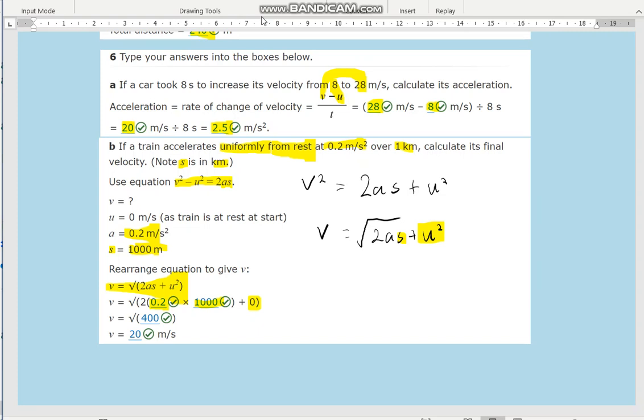So v is therefore the square root of 2 times 0.2 times 1,000 plus 0. So 2 times 0.2 times 1,000 is 400, and therefore the square root of 400 gives us 20 meters per second.